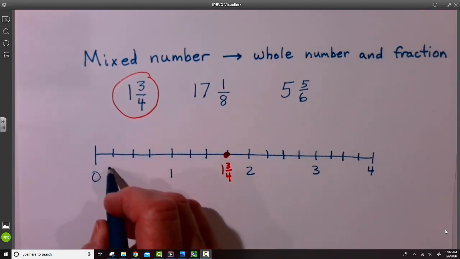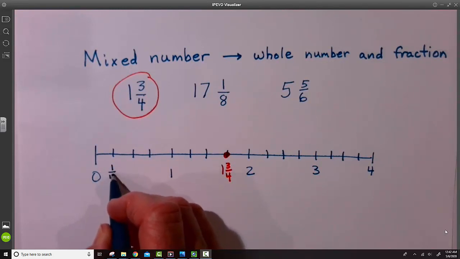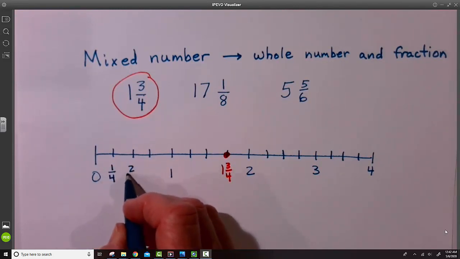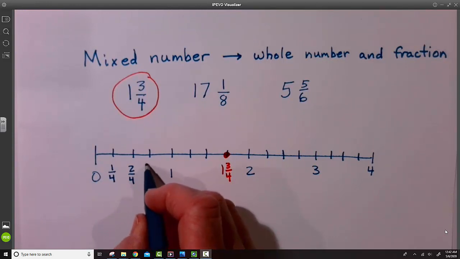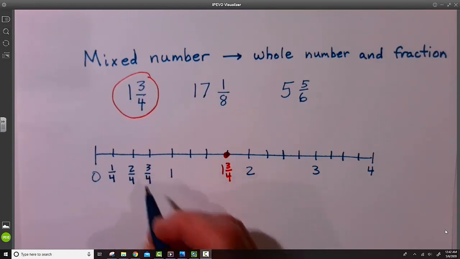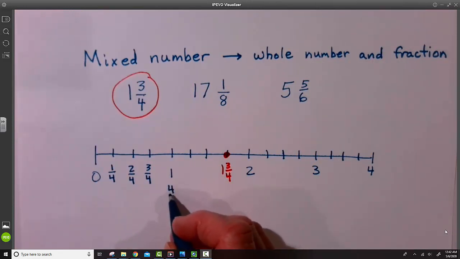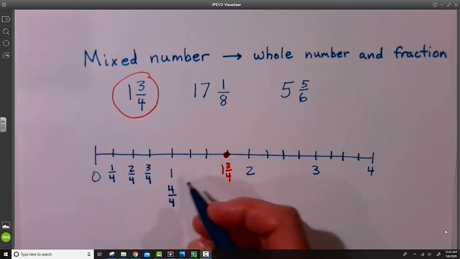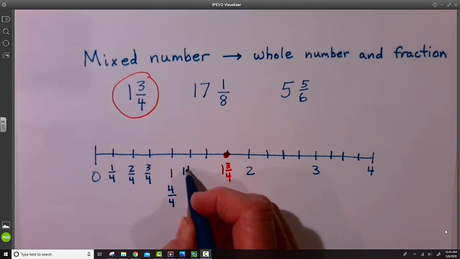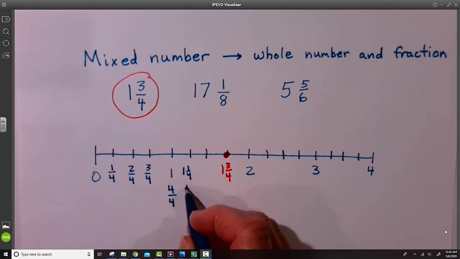Just for review's sake, let's find all of the ticks along the way. We have 0, and then of course this would be 1/4, 2/4, 3/4, and we learned another name for 1 could be 4/4, and this would be 1 1/4, or it could be 5/4.